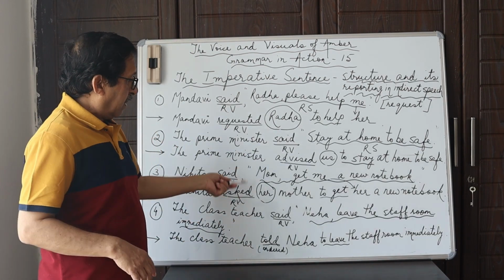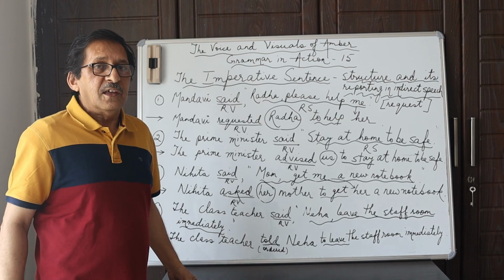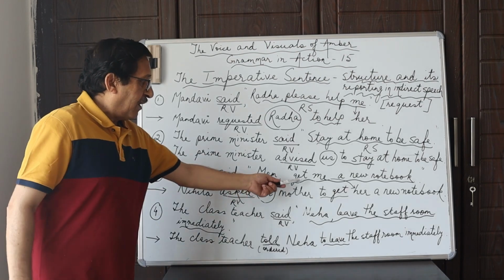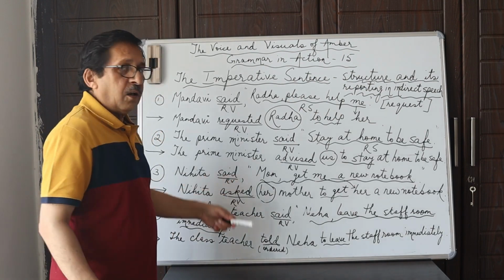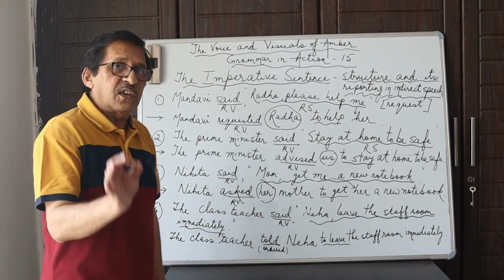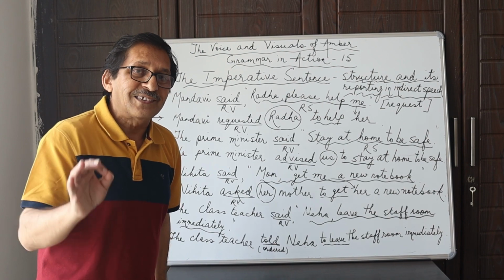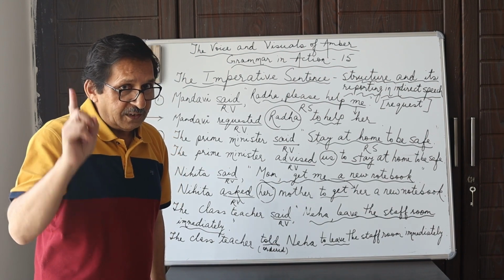So in the same way, "you" is never used when we have what is known as the request verbs or the command verbs, or when we have the imperative sentence. "You," the subject, is understood and not stated.